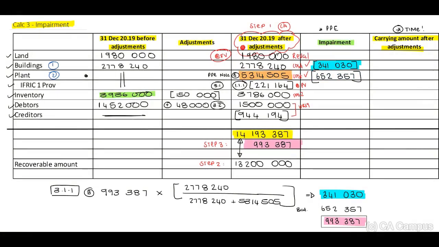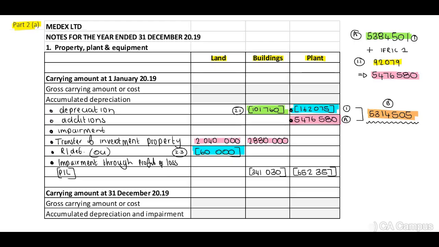Right, 652,357, and immediately I'm going to transfer this to my PPE note. Right, PPE note, impairment through profit and loss, important. And I have transferred 652,357 and 341,030. I need to indicate that this is my calculation 3.1.1.